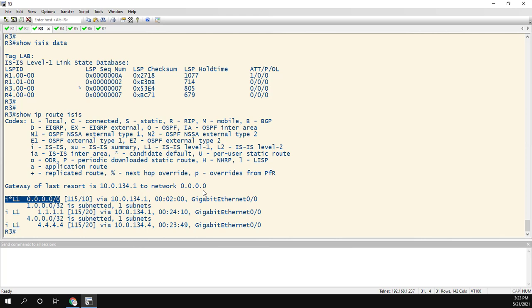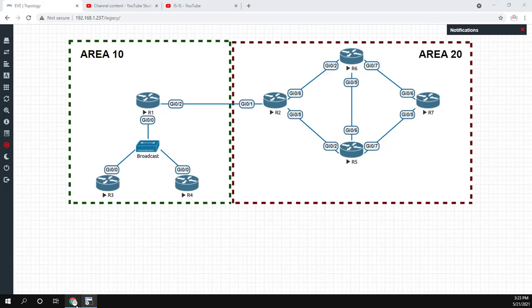So this is kind of the cool thing about ISIS, that a level 1 is essentially a not-so-stubby area. The reason it's a not-so-stubby area is because we could still do redistribution in here. That's not a problem. But router 1 is just summarizing everything into a quad 0 and setting the quad 0 down.